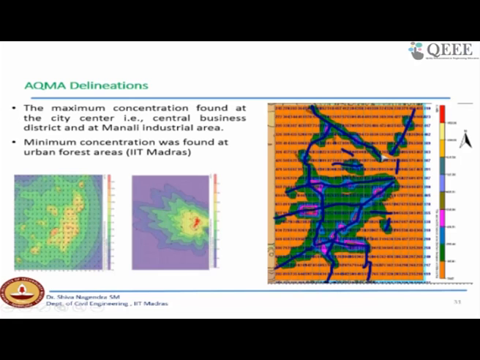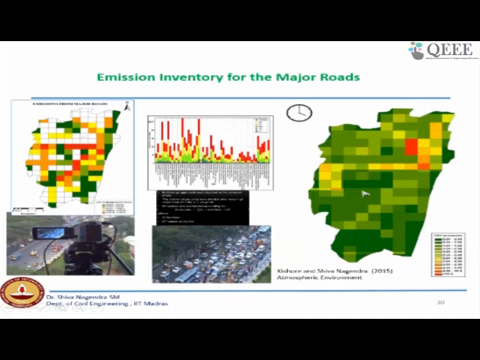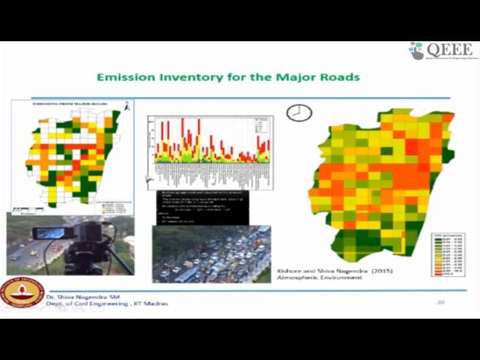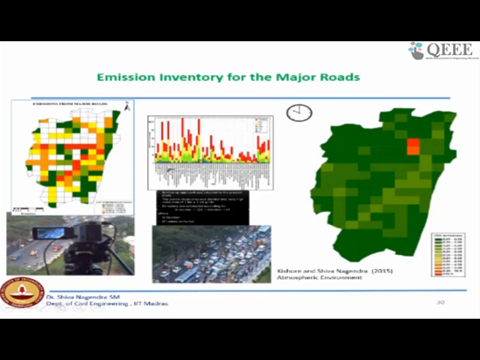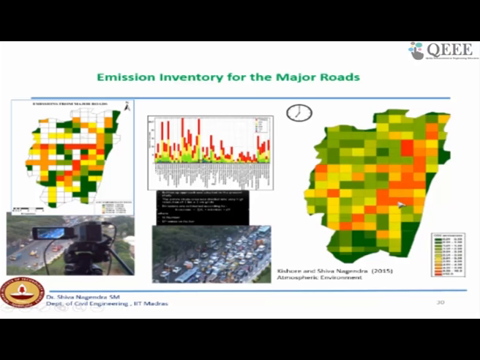The real-time emissions from the previous slides have been integrated into the model. Here we have also considered a significant number of roads within Chennai city, quantified the emissions contributed by each road, and integrated them into the model.